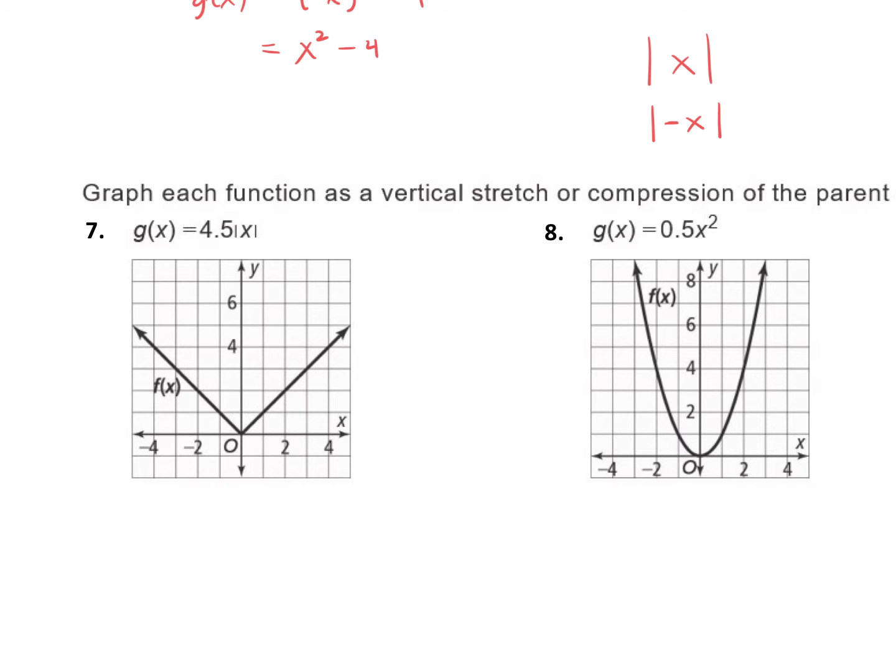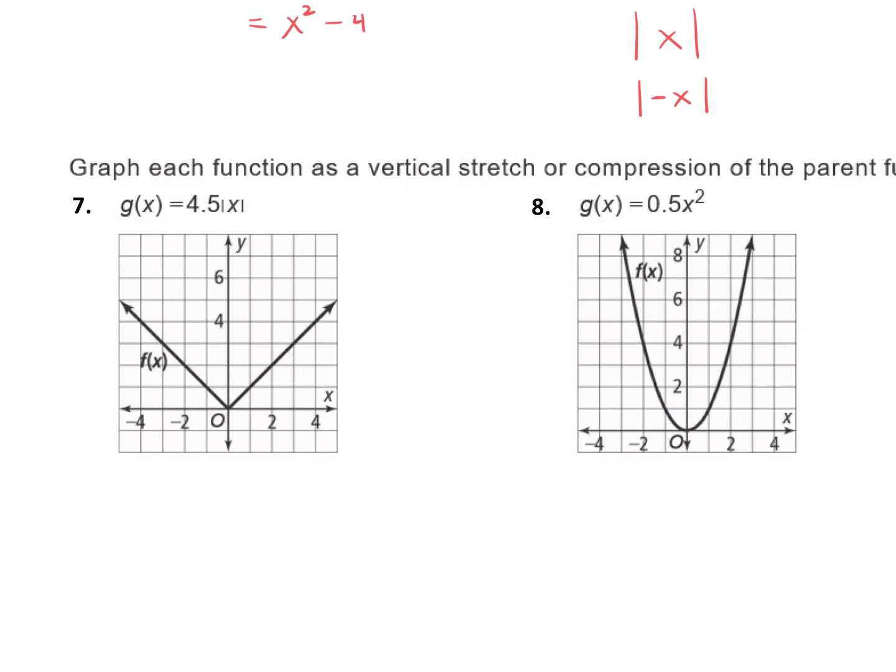All right, we're going to practice some graphing. Graph each function as a vertical stretch or compression of the parent function. So here is the parent function with the pattern up 1 over 1, up 1 over 1, up 1 over 1, up 1 over 1. If we multiply out front by a 4.5, that is a stretch. That up 1 over 1 pattern, we're going to multiply the top by a 4.5.